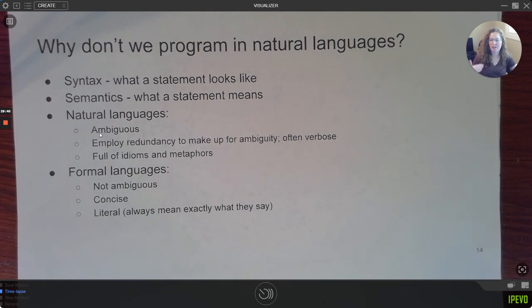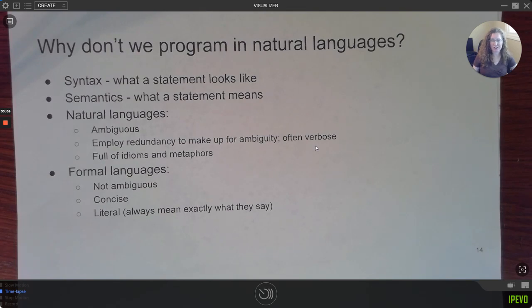And so there's a lot of ambiguity in natural languages, and to deal with this ambiguity, we often have to employ certain kinds of redundancy. We have to use a lot of words to actually say what we want to say without being ambiguous, so natural language can be very verbose.